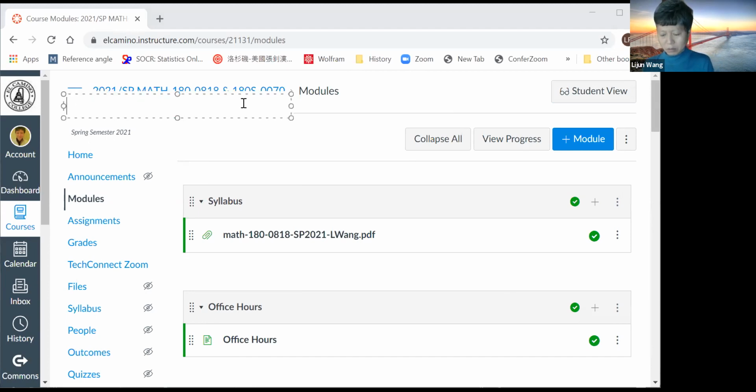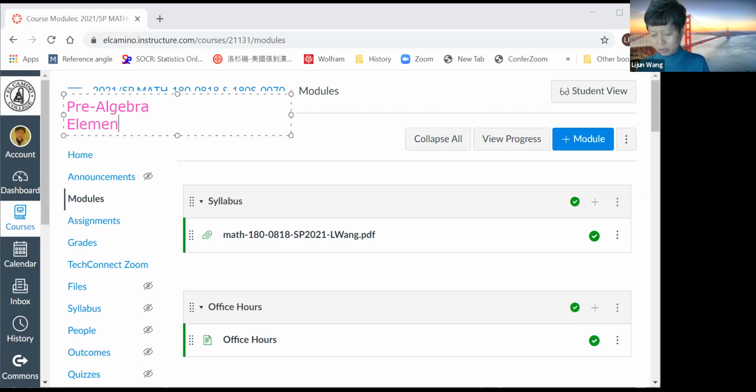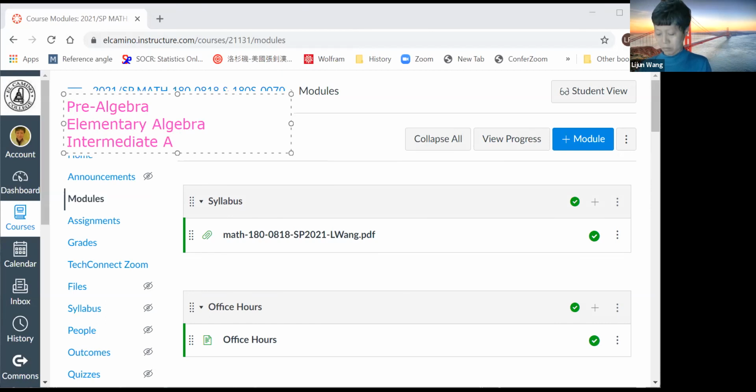This class includes the topics of pre-algebra, elementary algebra, intermediate algebra, maybe college algebra, and trigonometry.